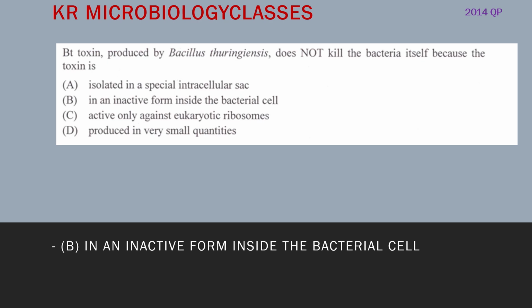Here the correct answer is option B. It is in an inactive form inside the bacterial cell. That is right. Whenever Bt toxin is present within the bacterial cell, it is in an inactivated state, and whenever it enters into the insect, it becomes active and affects the intestinal cells of that particular insect.